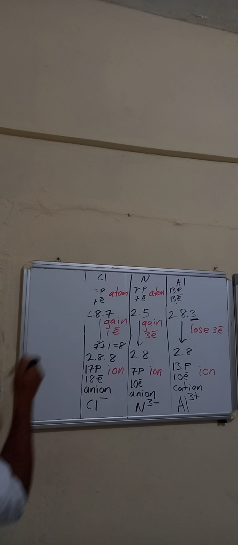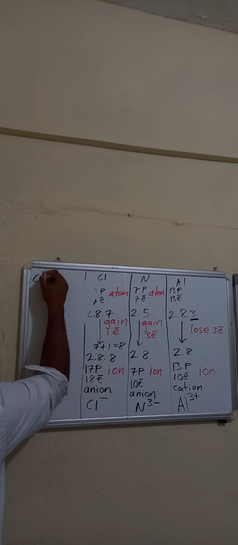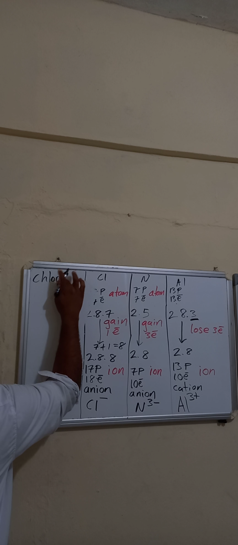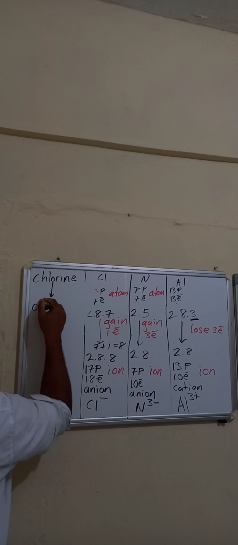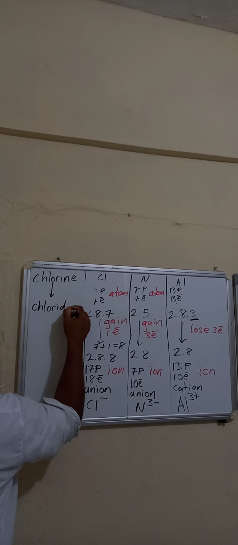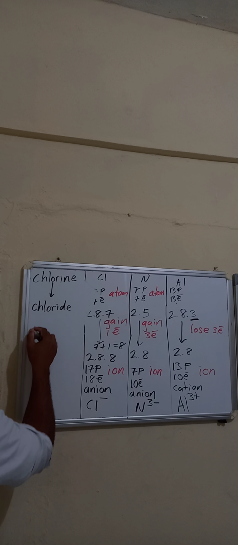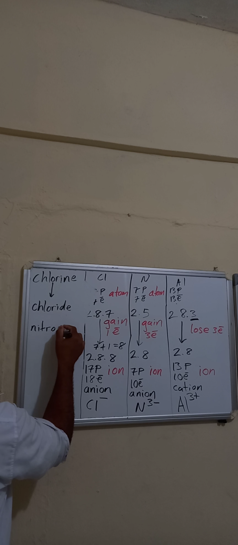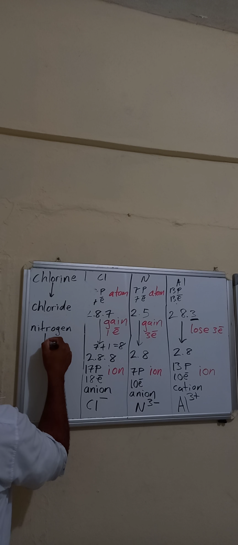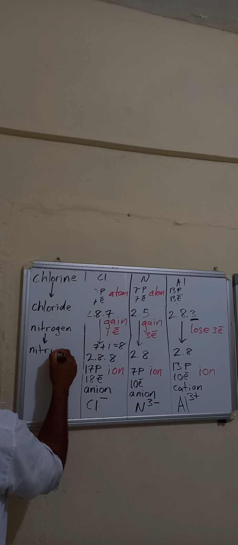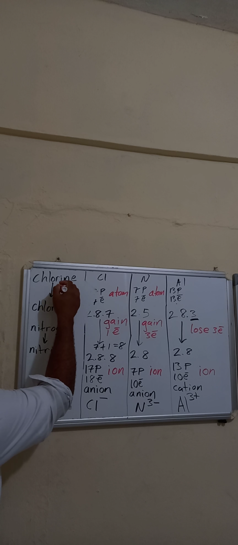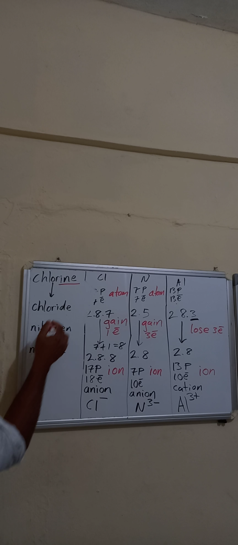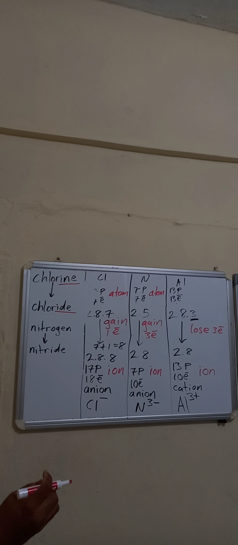So for example, the atom chlorine forms the chloride ion. Nitrogen forms the nitride ion. So you can see that the ending is changing to ide. So nitrogen, nitride, chlorine, chloride.